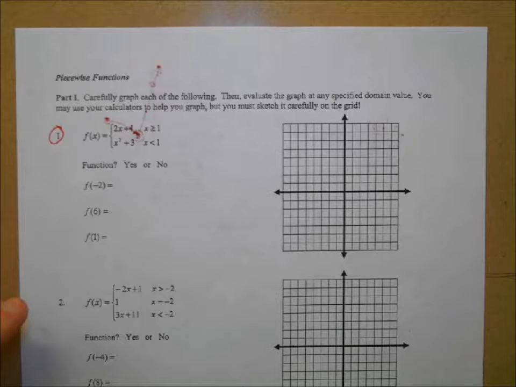I want you to graph it first, and then you can evaluate these functions if you want. Negative 2 would apply to this one. You only evaluate it where it's appropriate to evaluate. That's all you do. So let's see, we start at 1. When x is 1, 1 times 2 is 2, plus 1 is 3.